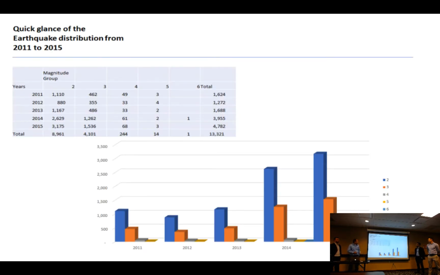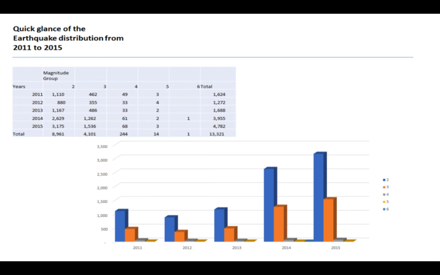Before we get into the analysis, I just want to walk you through the basic metrics that we use here. This is a distribution of earthquakes over 5 years from 2011 to 2015. As you can see, there's not a lot of earthquakes that has significant seismic magnitude.